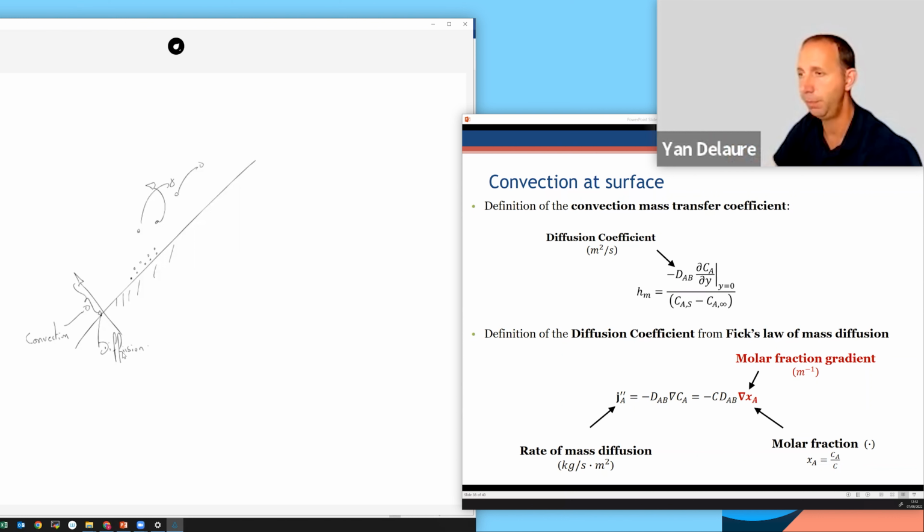If you had a difference between these two, you'd have an accumulation or a reduction in the amount of mass here. And we're talking about a steady process. Steady means things don't change with time, so you can't have an accumulation or a reduction with time. So you have to have that balance. And the way we write that balance is we use the mass transfer equation, and we say it's equal to the diffusion transfer of mass.